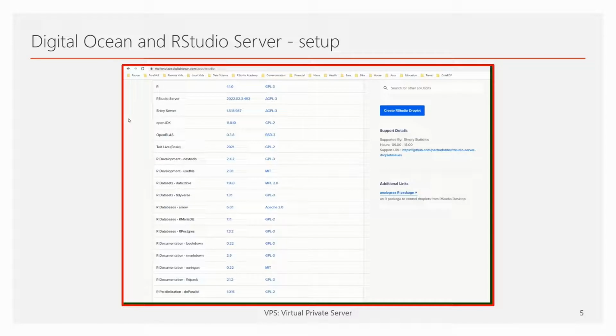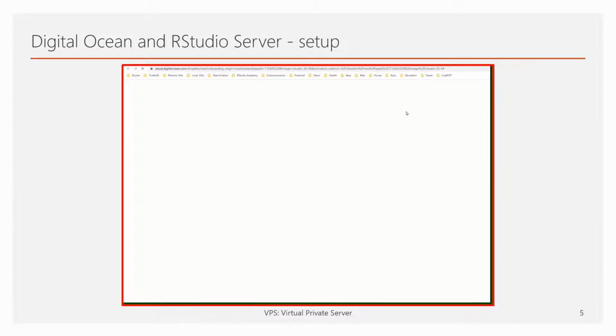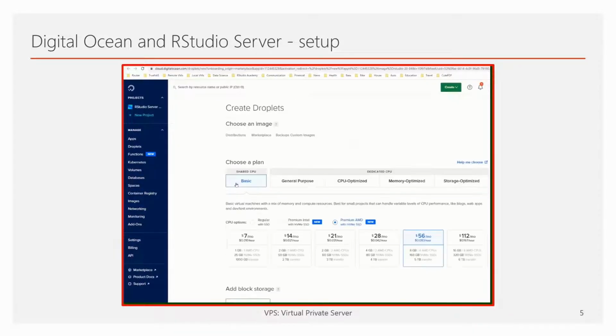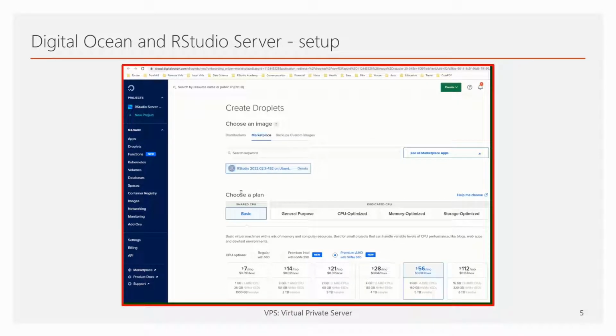Select Create RStudio Droplet. DigitalOcean calls their virtual private servers droplets. We choose a plan. The default for this VPS is a basic plan for $56 per month.